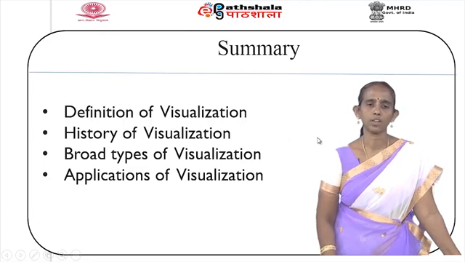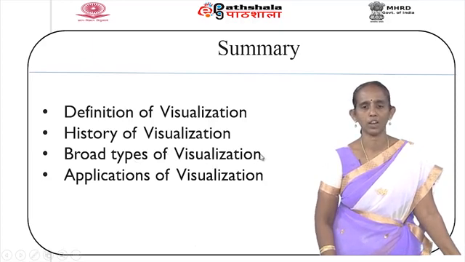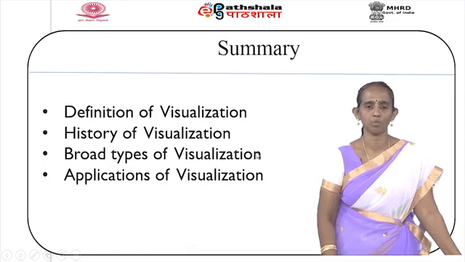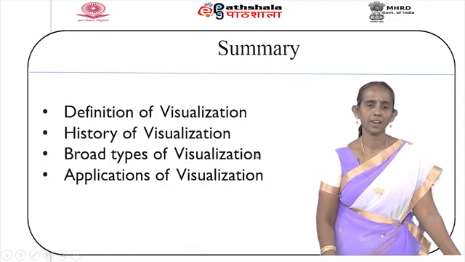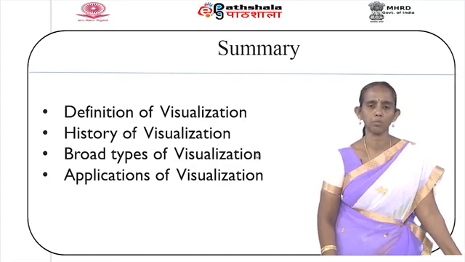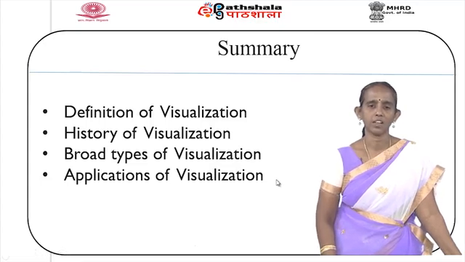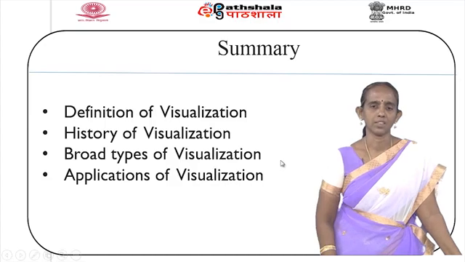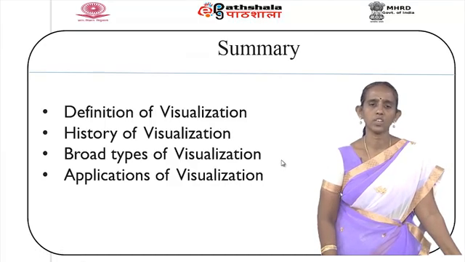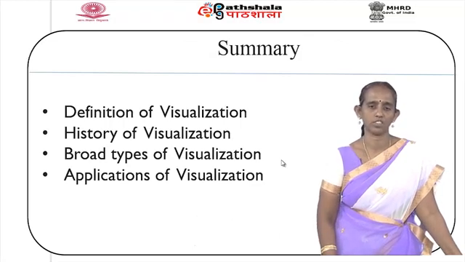Then we have looked at the broad types of visualization: scientific visualization, data visualization and information visualization. Finally, we have looked at various application domains of visualization, where it has been used in medical imaging, finite state analysis, physics, psychology, and also in illumination or optical engineering. These are certain application domains of visualization.